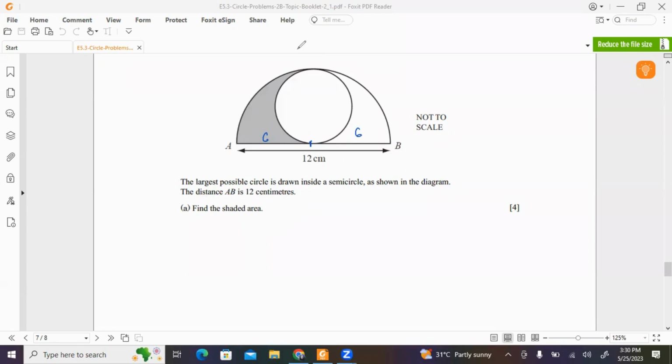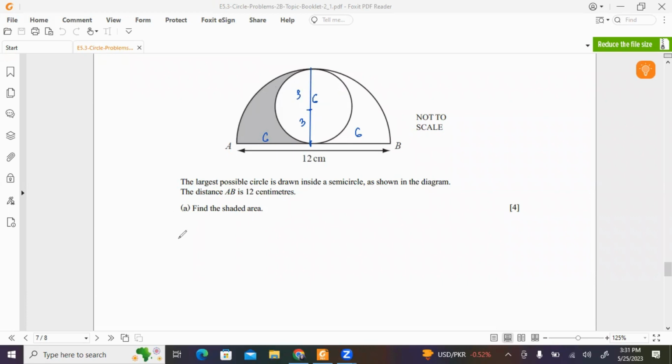So what we can do is divide this into parts. We know that this is also 6, just by the way. Why? Because your radius is always coming from the center and going towards the circumference. So this distance is also 6 centimeters, which means this is 3 and 3.